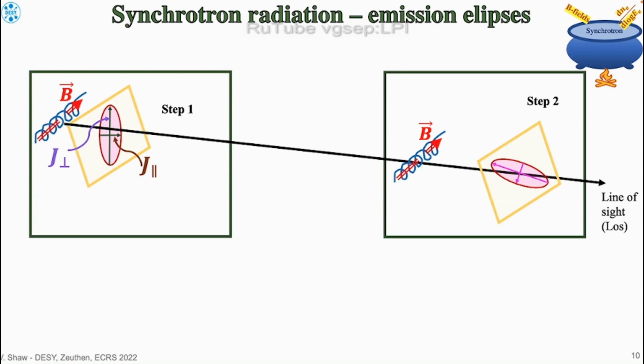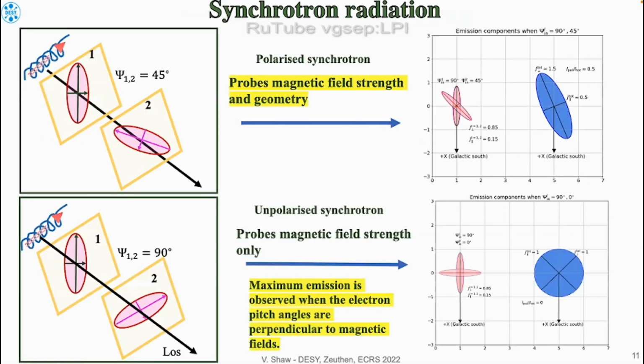Of course, this minor axis is also parallel to your B_perp, which is the line-of-sight perpendicular field. I know this sounds a bit of a mouthful, but what I'm trying to motivate is that, depending on how your ellipses are oriented, you will be observing either polarized synchrotron emission or unpolarized synchrotron emission.